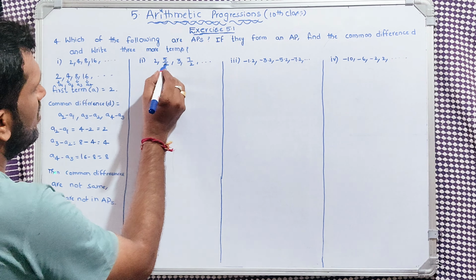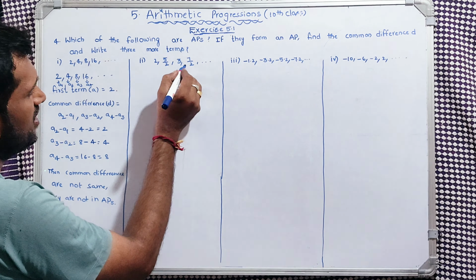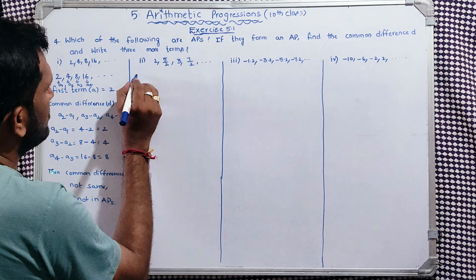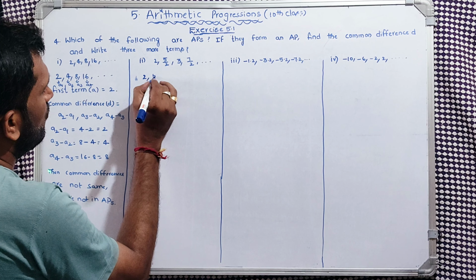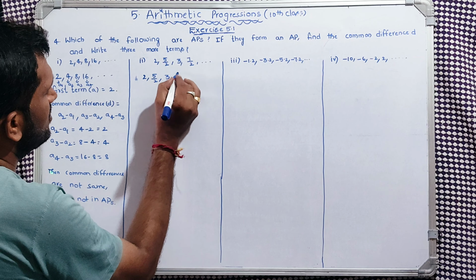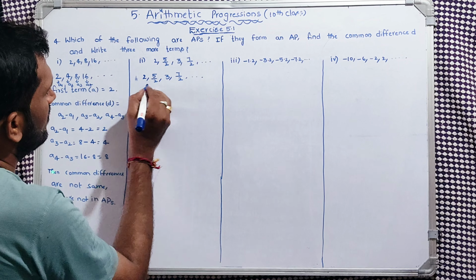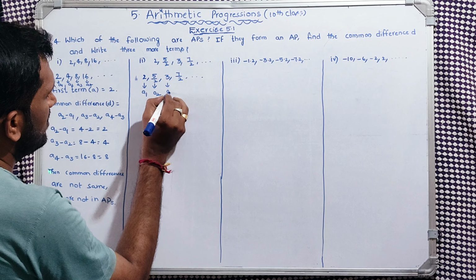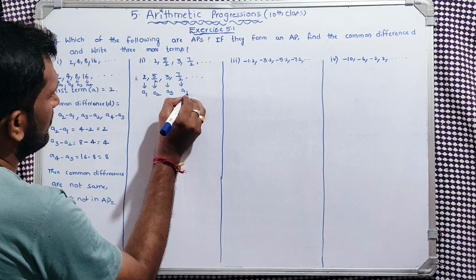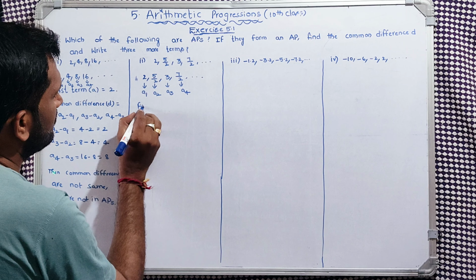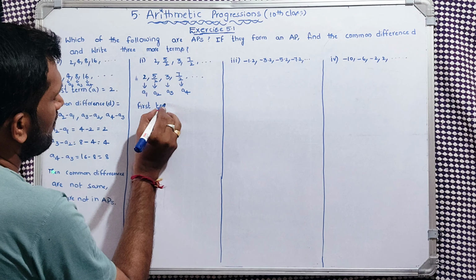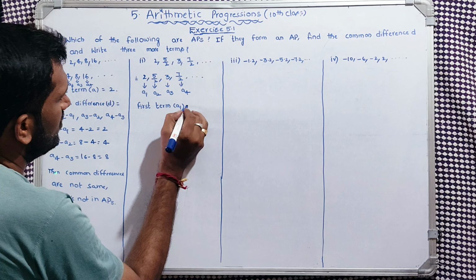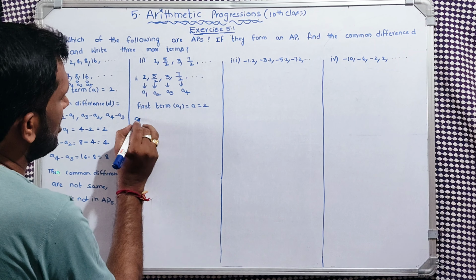Next, second problem. 2, 5 by 2, 3, 7 by 2. This is A1, this is A2, this is A3, this is A4. First term A1 equal to A equal to 2. Next, common difference.